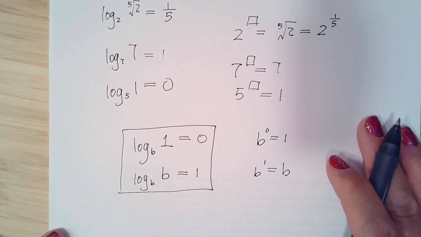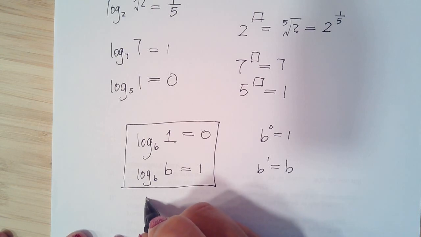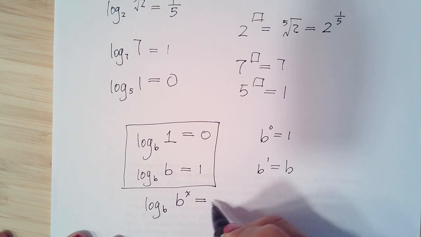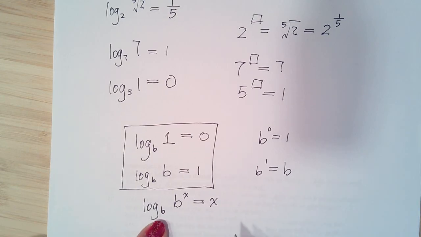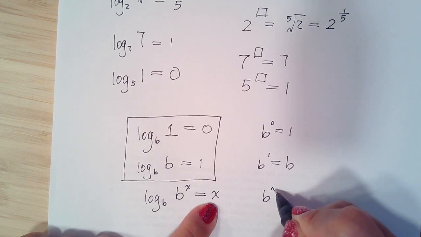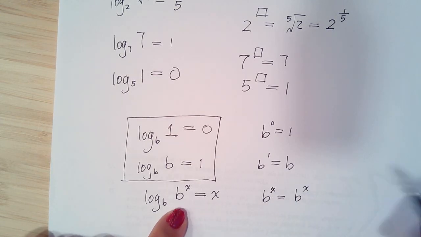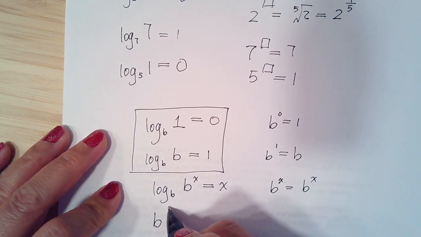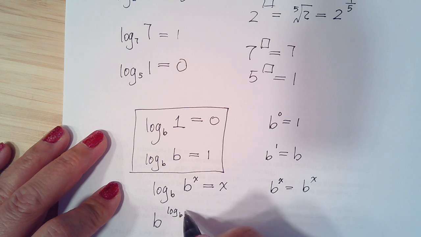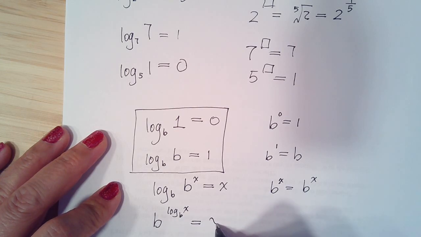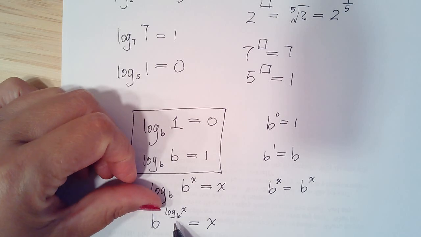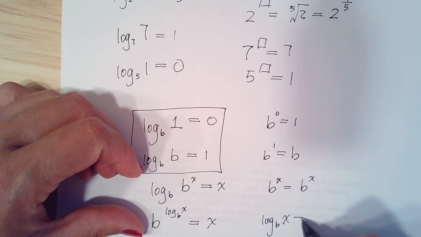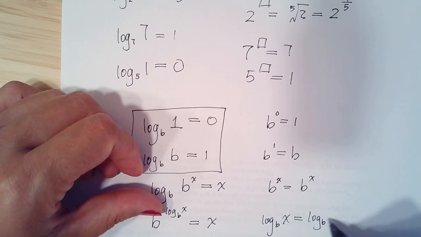Then log base b of b to the x equals, guess what, x, because base to the power equals b to the x. Good. And what about b to the log base b of x? It is also x. The power is log base b of x, so log base b of x equals log base b of x.